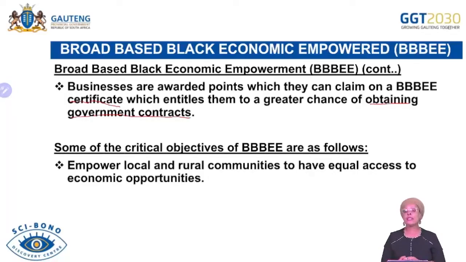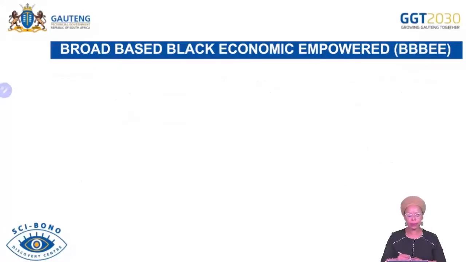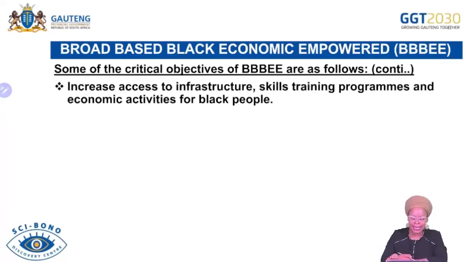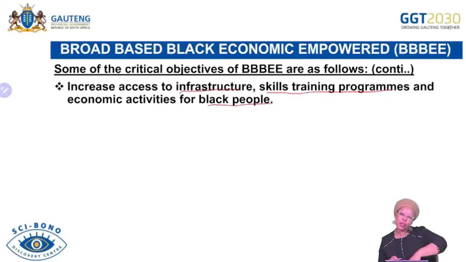Other objectives are to empower local and rural communities to have equal access to economic opportunities. It increases access to infrastructure, skills training programs, and economic activities for Black people. Remember, some of the Black people were removed forcefully from the land that they previously occupied during the apartheid era.